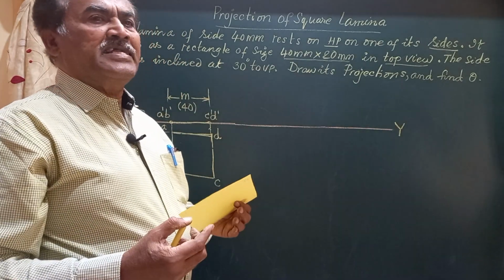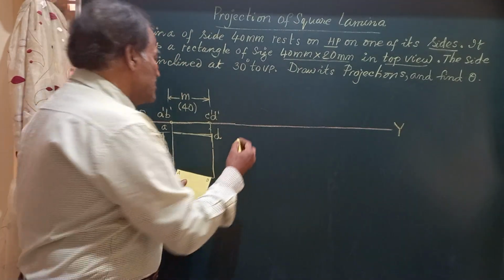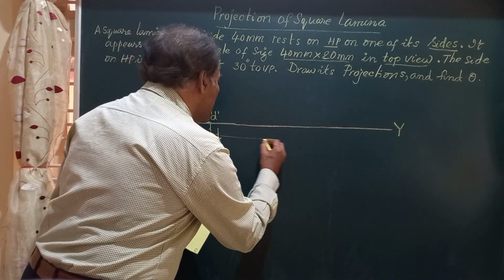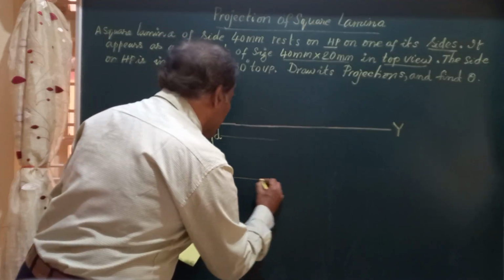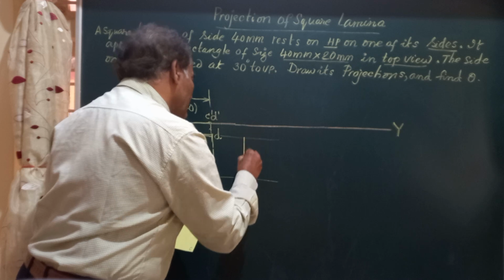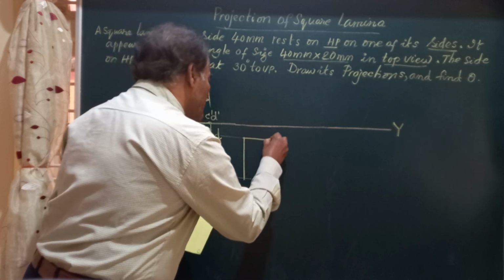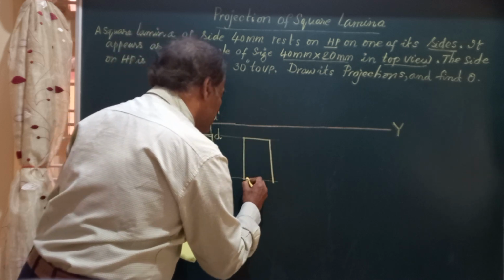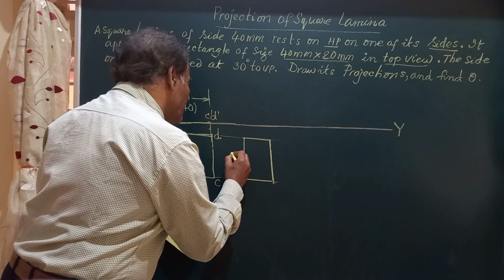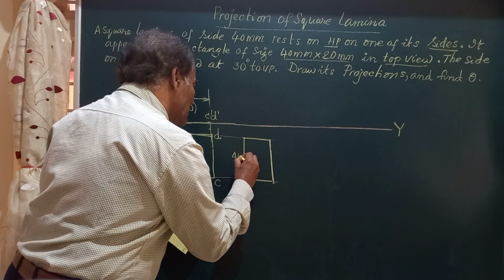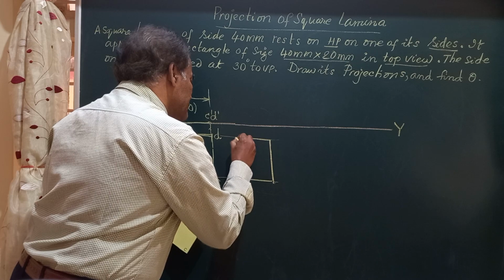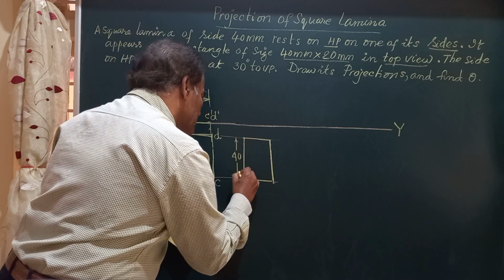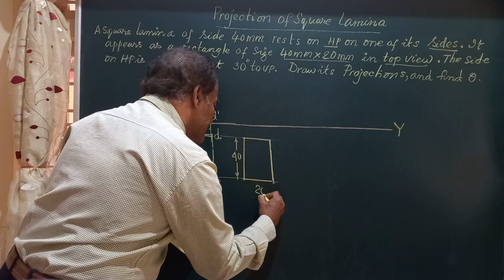So that clearly indicates that you can have a rectangle in the top view which will have a measurement of 20 by 40. So this remains 40 since it is on HP, whereas the lateral dimension becomes 20 millimeter.